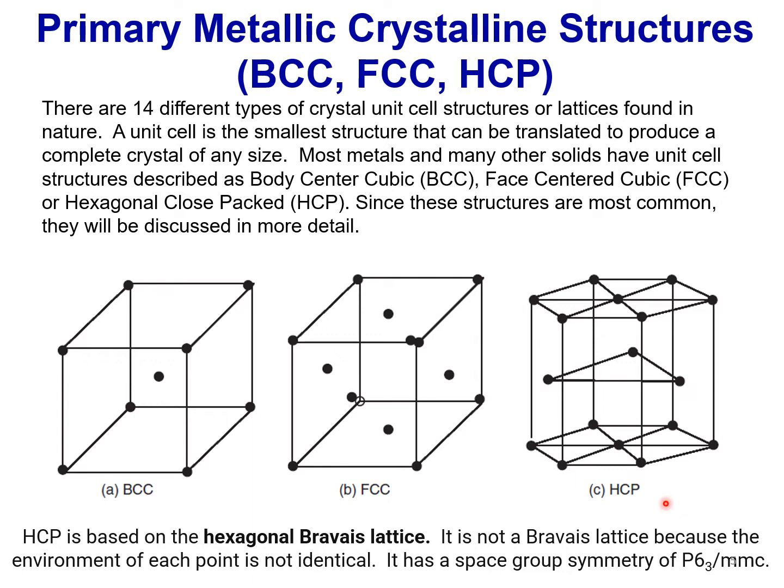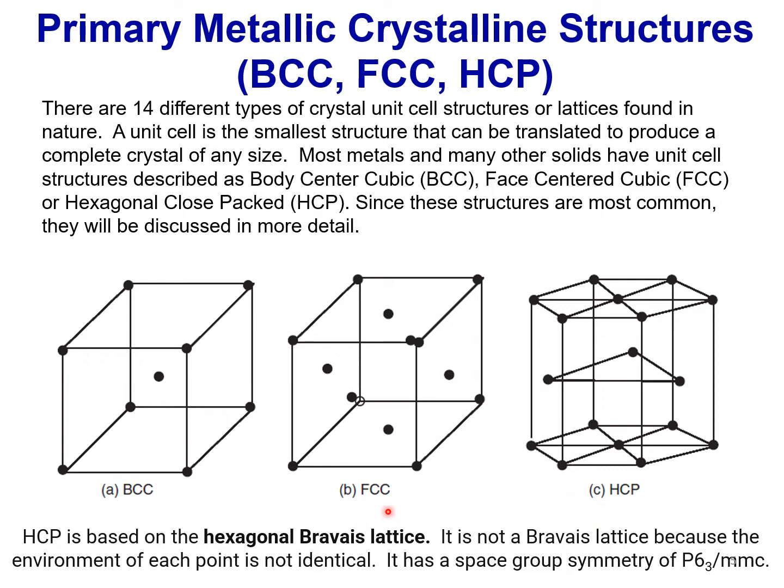So CANDU reactors have to be made from zirconium. Otherwise, they wouldn't run. We wouldn't be able to preserve the neutron economy. Neutron economy is very important in CANDU reactors because they're running on dirt you dug out of the ground. I mean, they're running on natural uranium. Very important structure that you will have to work with often.